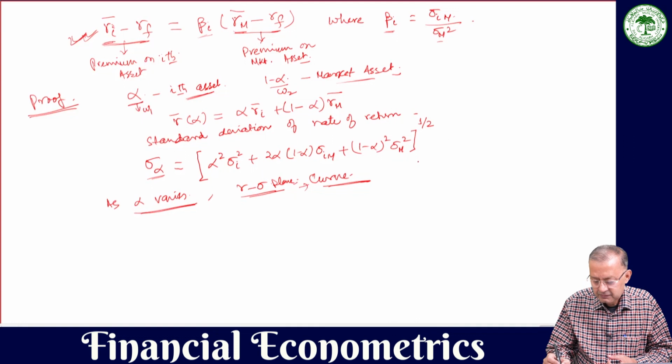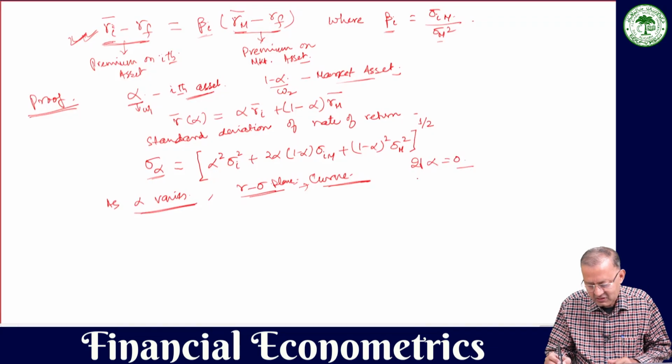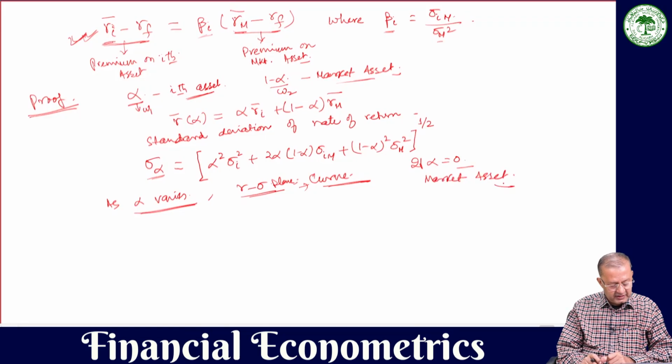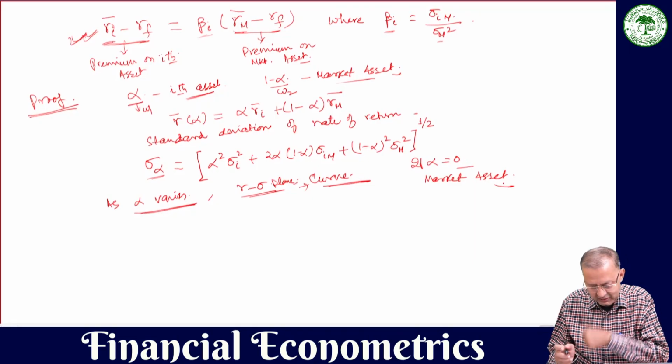Now if alpha is equal to 0, the entire investment is in the market asset, the entire market portfolio. And this curve must be tangent to the capital market line.